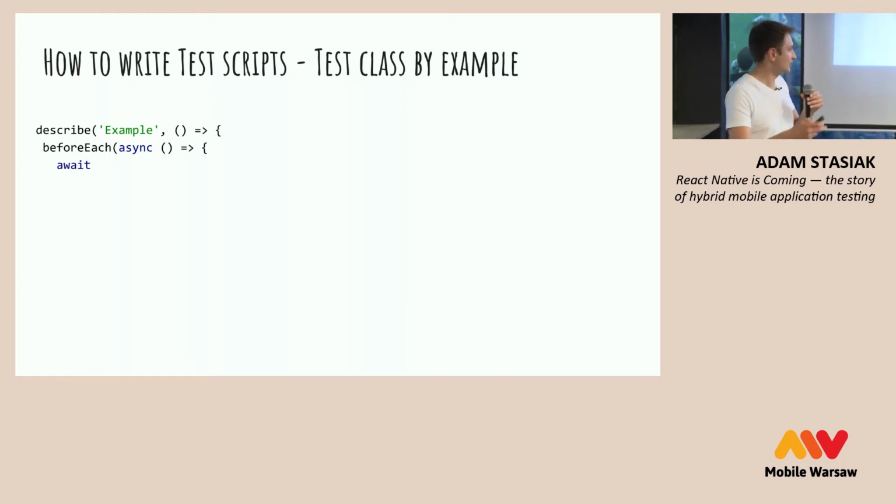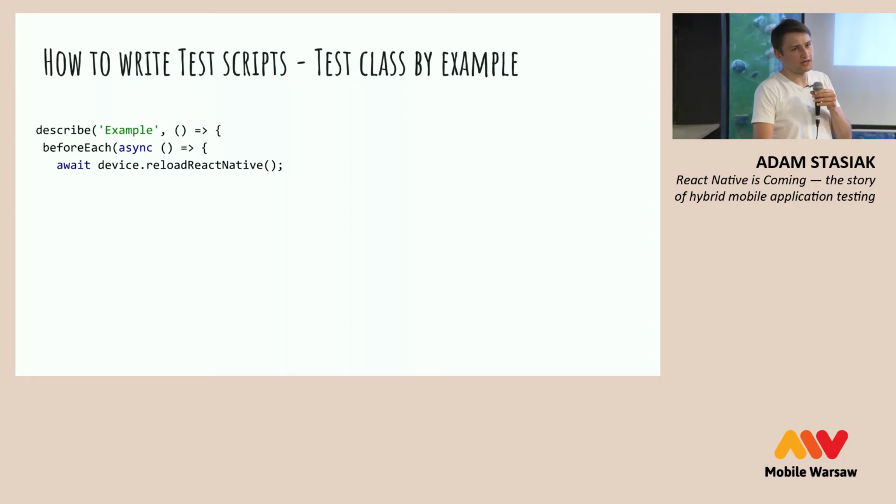So in this case, we call the await keyword, device object invocation, and the reload React Native method. This method is used for reloading the JS bundle inside our native app. So we don't have to terminate our app. We just perform a hot reload of JS code.